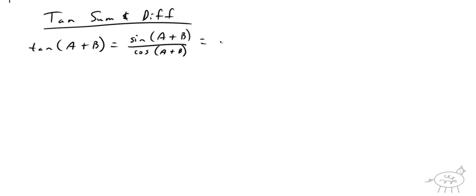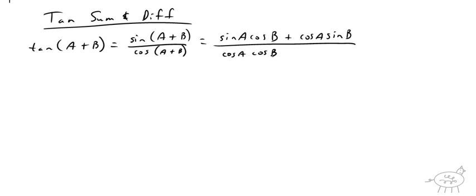Knowing sine of A plus B is sine of A cosine of B, same sign, so plus cosine A sine of B, divided by cosine A cosine B, opposite sign, minus sine A sine of B.